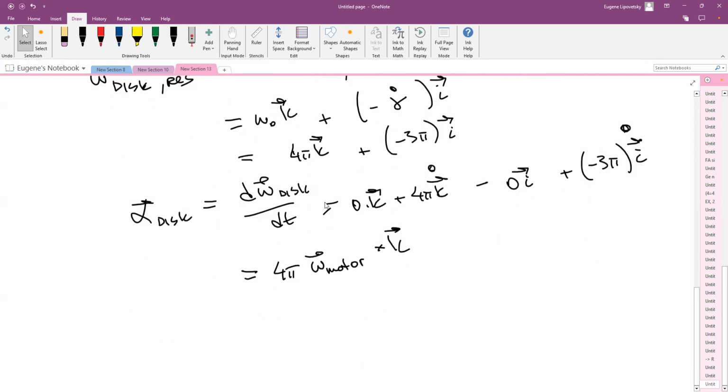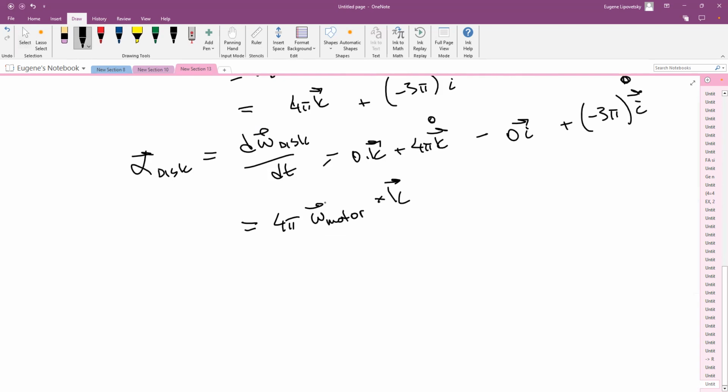Plus minus 3 pi times I dot, and I dot is 0.